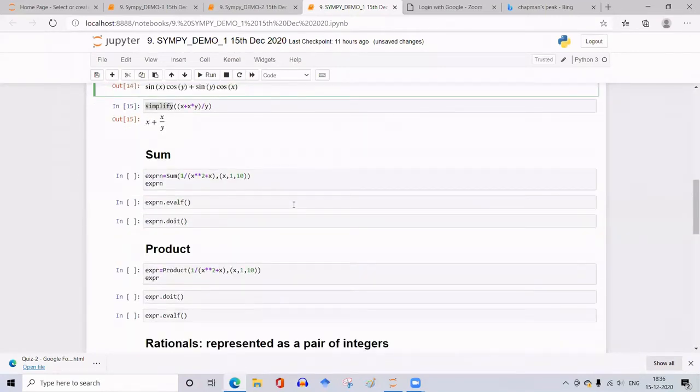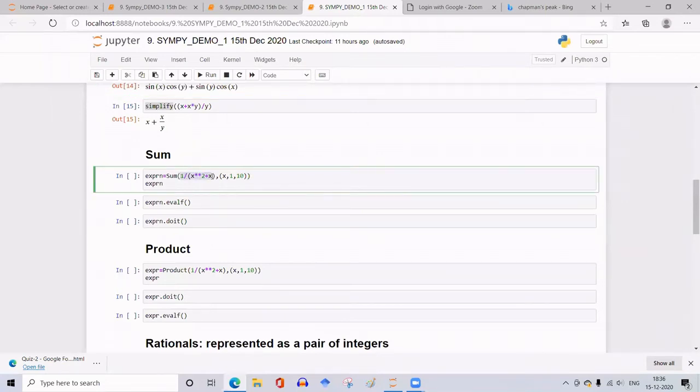No. Okay. Next, how to take the sum. This is how we make use of sigma for finding the sum. Here I have the expression 1 divided by x square plus x, and I want to sum up 10 terms, for x varying from 1 to 10. The variable is x, which I have already defined as a symbol.